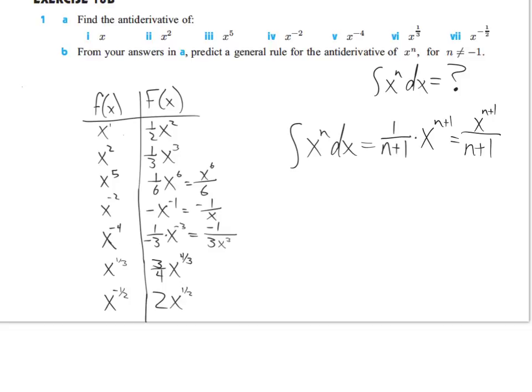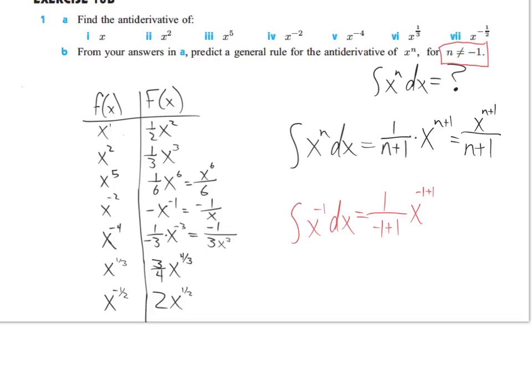Now, you'll notice up here that n is not allowed to equal negative 1. Why not? Because then you get over 0. If we have the integral of x to the negative 1 dx and we tried to use this, we'd have 1 over negative 1 plus 1 times x to the negative 1 plus 1.